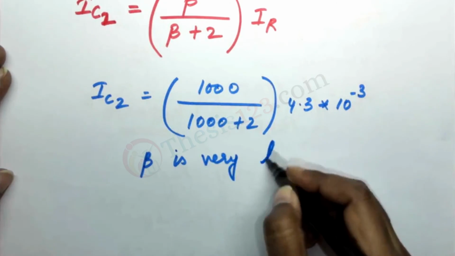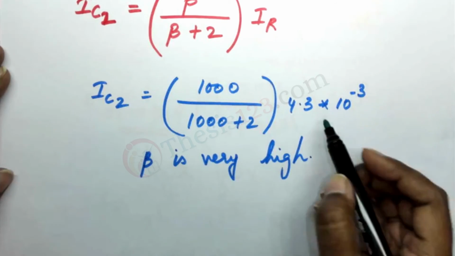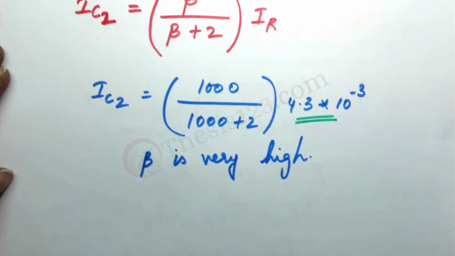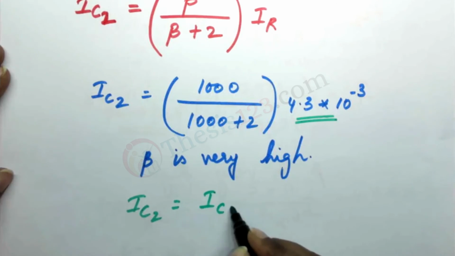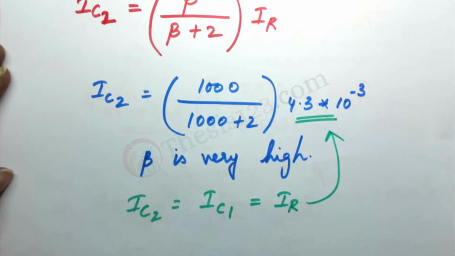So in that case, the part which is this can be easily ignored, and we will be left with the value of 4.3 into 10 power minus 3. So IC2 value is the same as IC1 value, which is also the same as the current that is passing through the resistance, which is 4.3 milliamps. So this is the final answer.